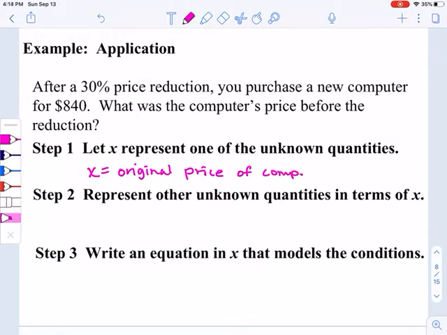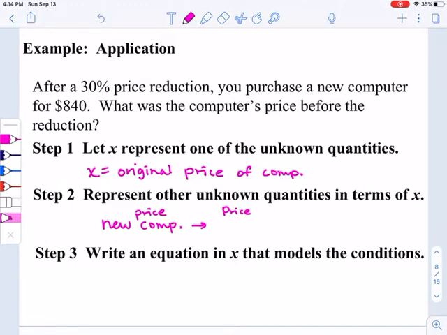So step 2, represent other unknown quantities in terms of X. Well, in general, we have a new computer. And what do we know about it? Or the new price of the computer, I guess. The new price says after a 30% reduction. That means that we need to figure out what is going to be that new price. Well, we had the price of the computer.